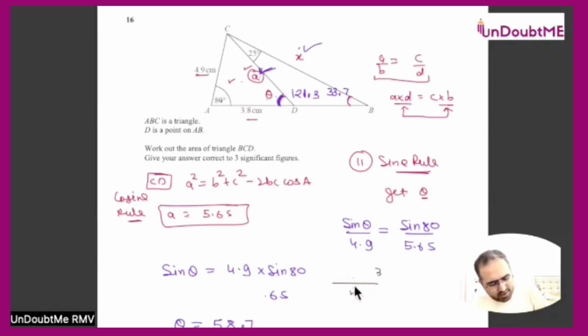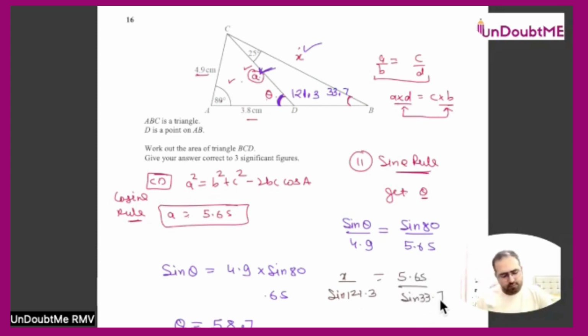In fact, I can write it the other way also: x over sine 121.3 is equal to A, the A value, 5.65 over sine 33.7. So 5.65 times sine 121.3 divided by sine 33.7 is 8.7. So the value of x came out to be 8.7.